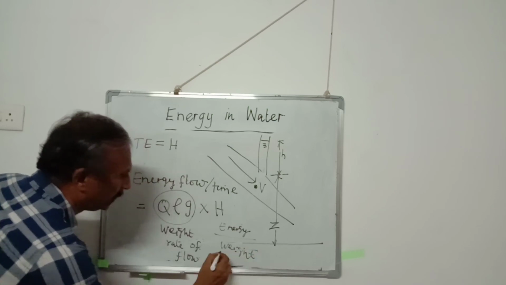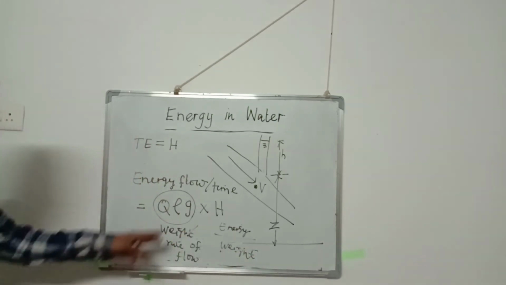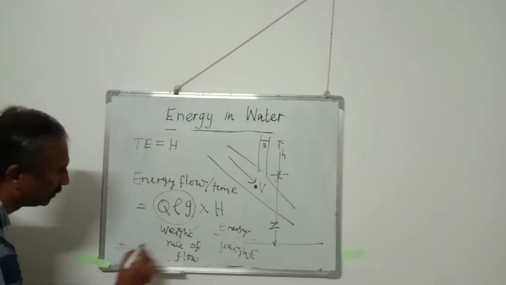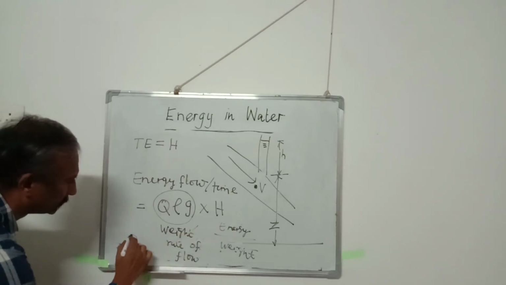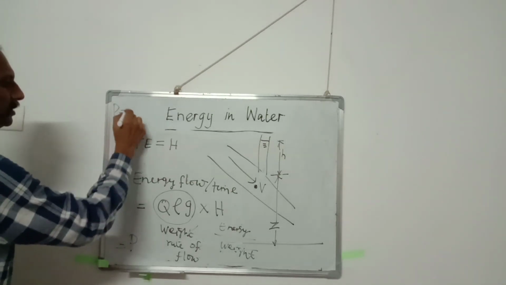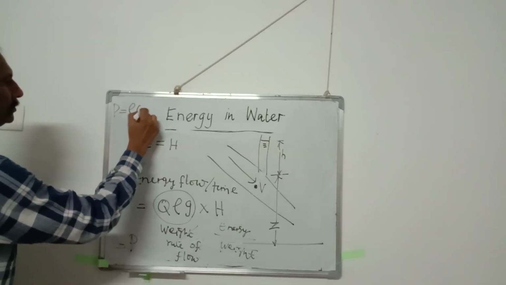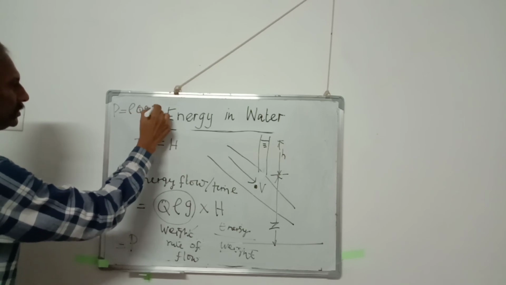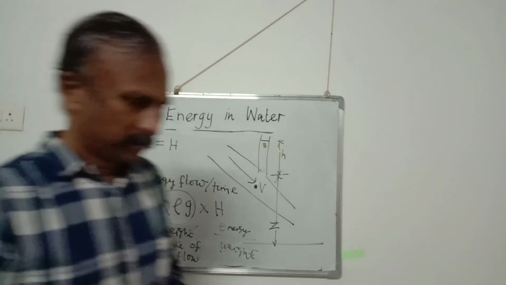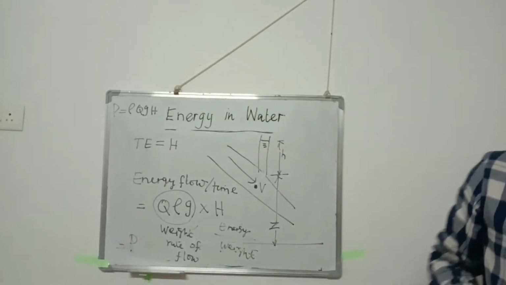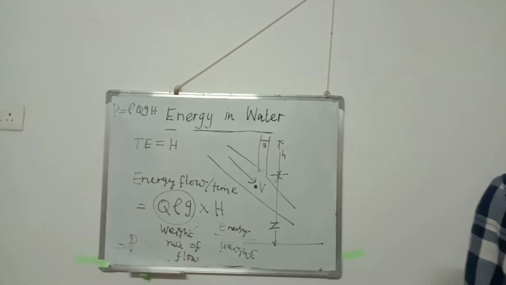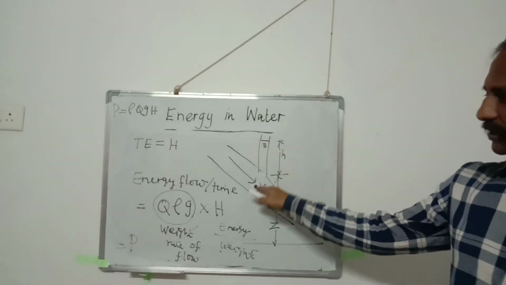So weight and weight get cancelled, and energy rate is called power. So the power formula is equal to rho Q g H. So with this formula we will be able to find out how much power is getting transferred at this section.